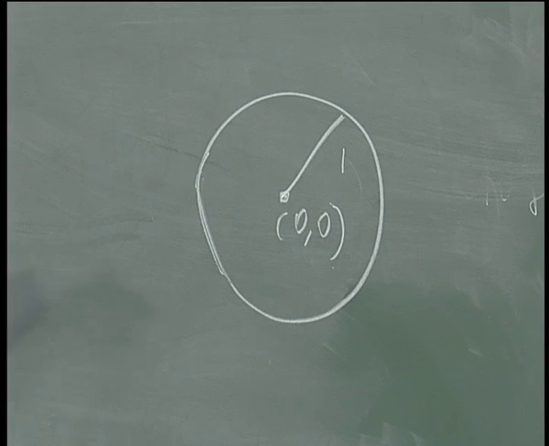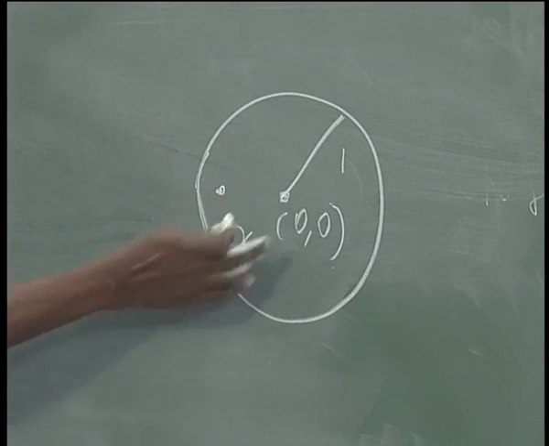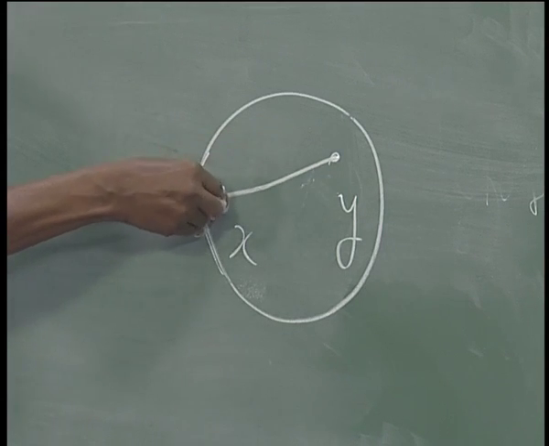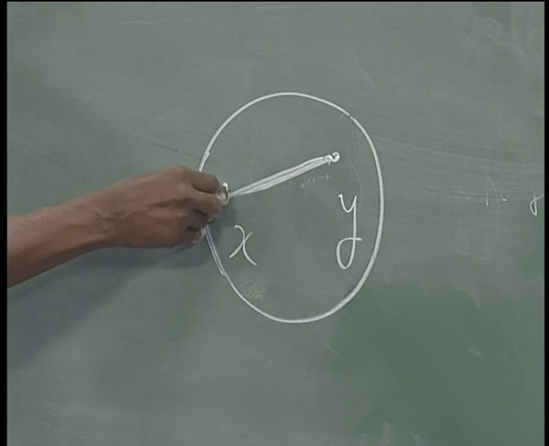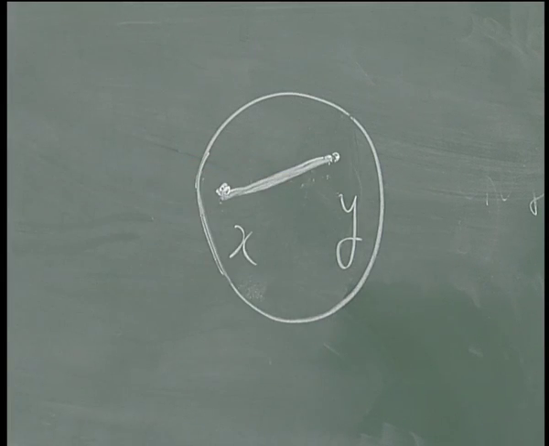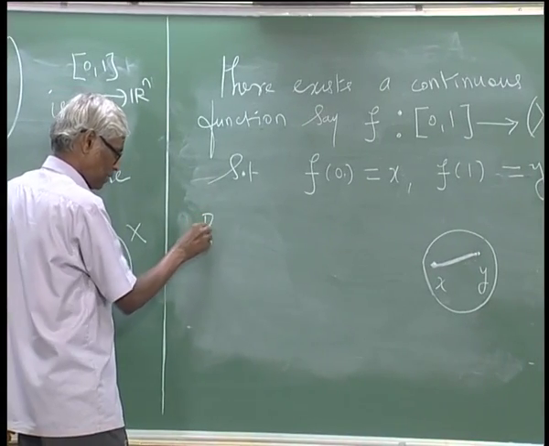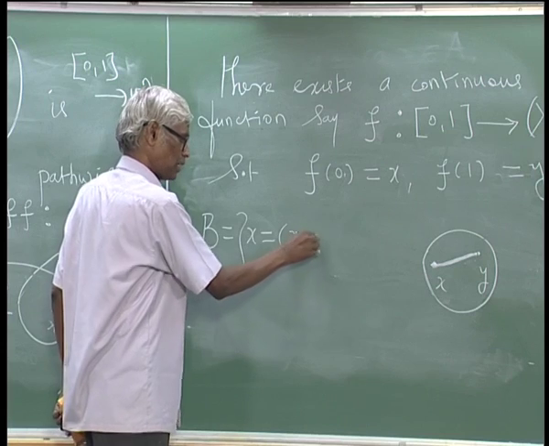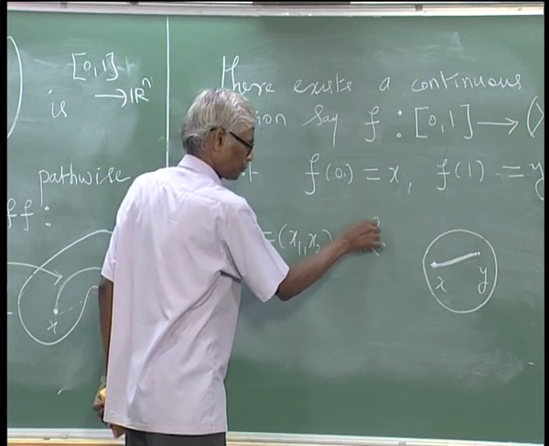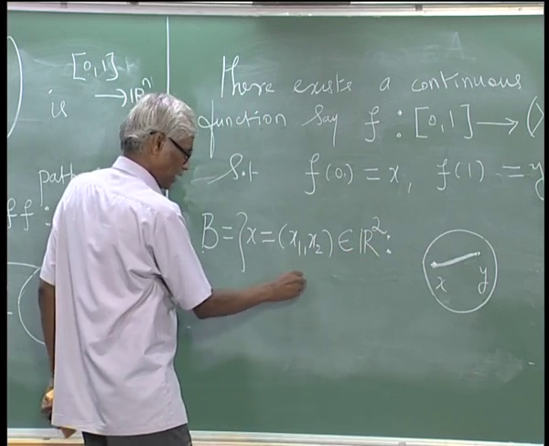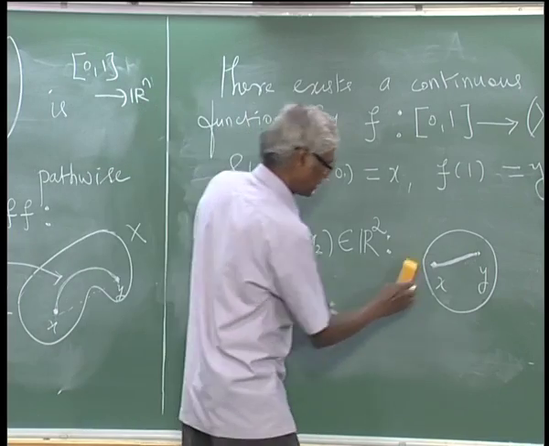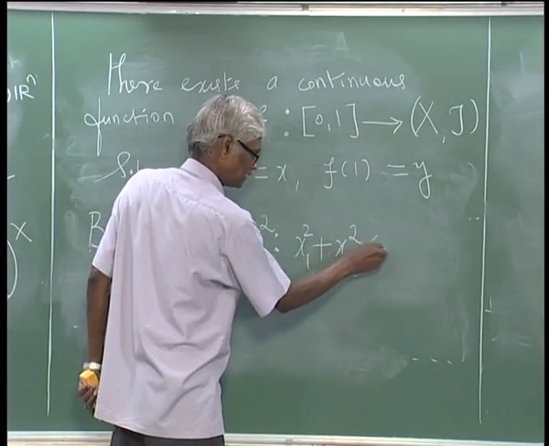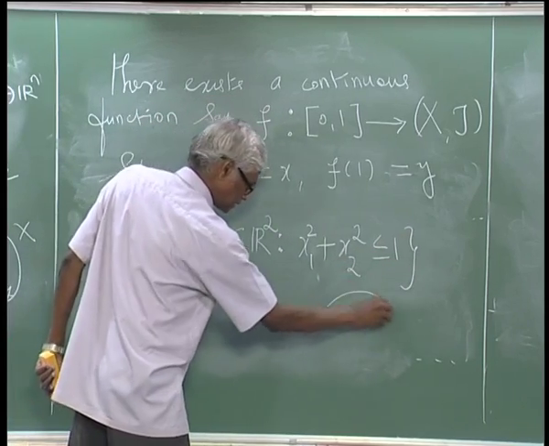If we take any point x and any y, in this case the set is convex, meaning the line segment joining x and y lies in it. We call capital B the set of all x equal to the ordered pair (x1, x2) belonging to R2 such that x1 squared plus x2 squared is less than or equal to 1, the unit disk.